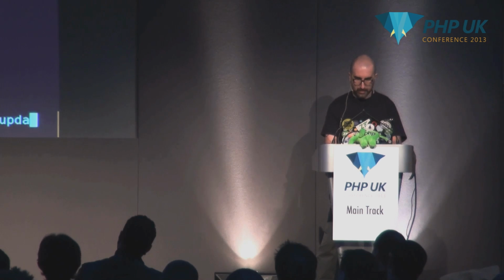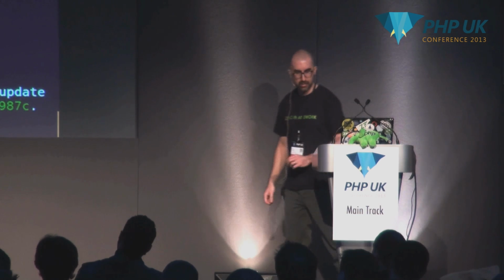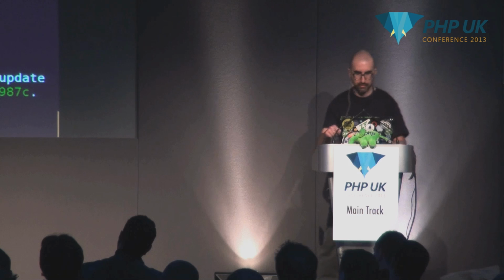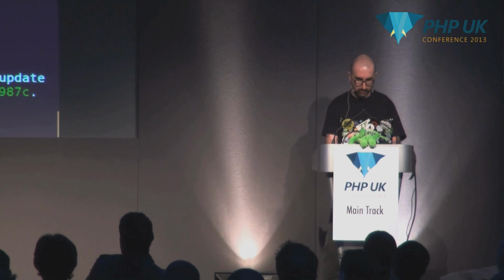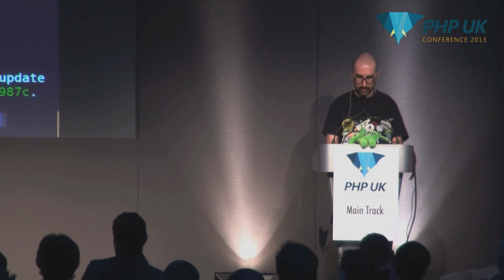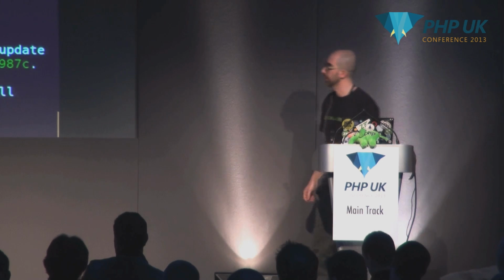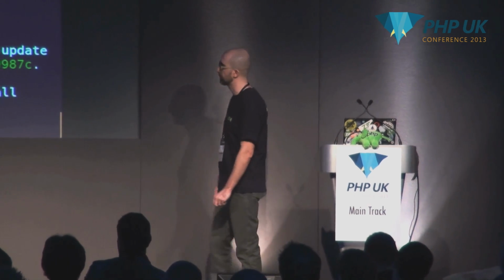In order to continue with the installation of the application, in this case, I'm just updating Composer, because the version that I have was old. And now we are installing the application using Composer.